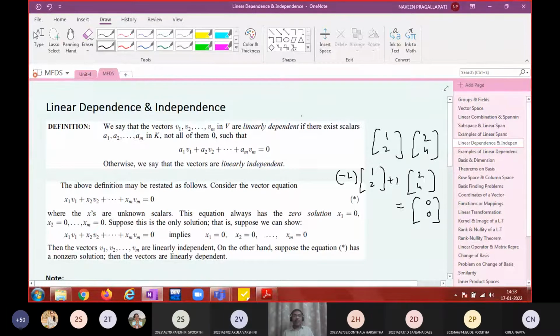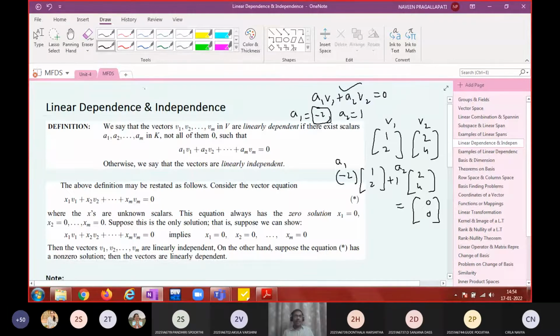If I call these V1 and V2, and the scalars A1 and A2, I am able to find A1 and A2 such that A1 V1 plus A2 V2 equals 0, where A1 equals minus 2, A2 equals 1. So there exists at least one non-zero scalar such that the linear combination becomes 0. Therefore, we say these two are linearly dependent vectors.